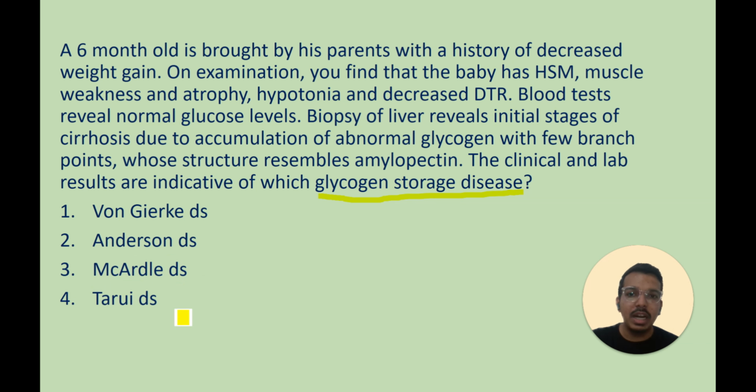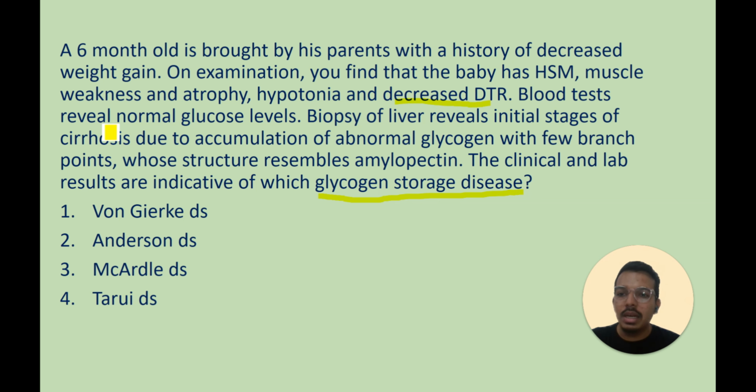So now we will read the complete question, which is our step 3, and now we will look for specific points related to any of these glycogen storage diseases. A 6-month-old is brought by his parents with a history of decreased weight gain. On examination, you will find that the baby has hepatosplenomegaly, muscle weakness and atrophy, hypotonia, and decreased GTR.